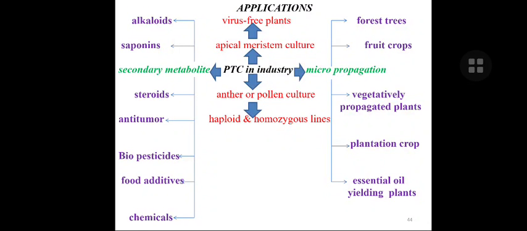So we can produce alkaloids, saponins, steroids, anti-tumor agents, biopesticides, food additives, chemicals, etc. As secondary metabolites or drugs, we can make large amounts of plant derived drugs from this tissue culture.